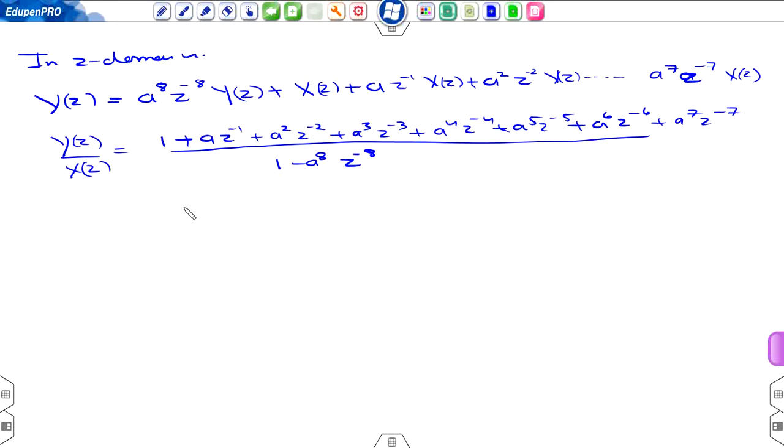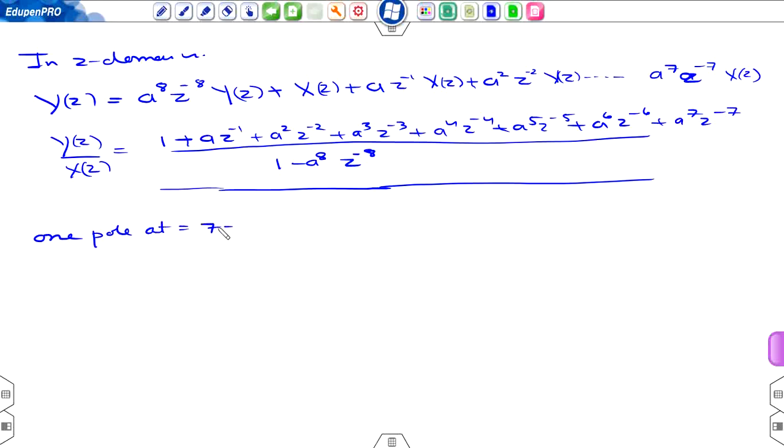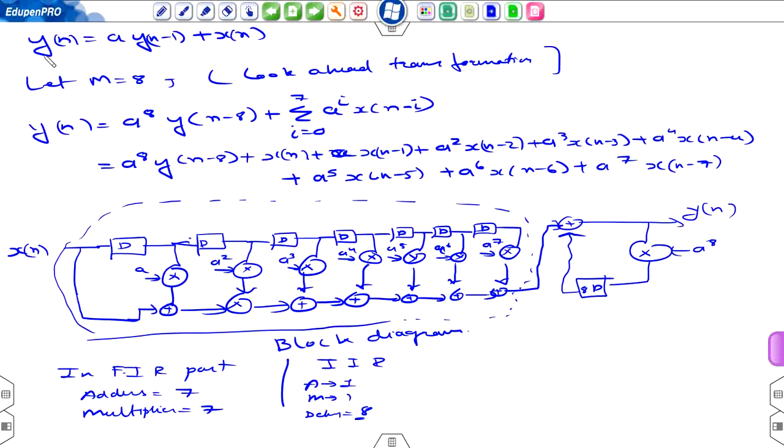Okay, so now we have to evaluate its poles and zeros. It has one pole at z equal to a. That was the original equation.